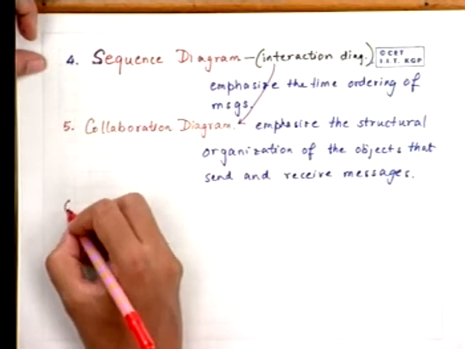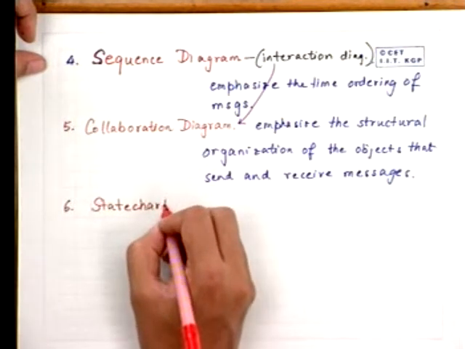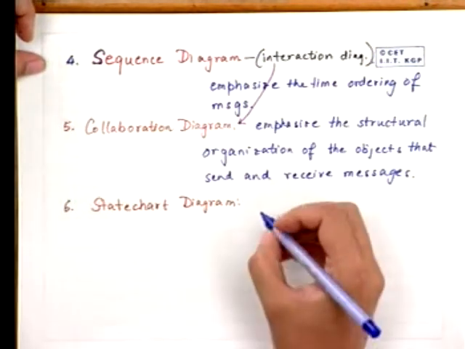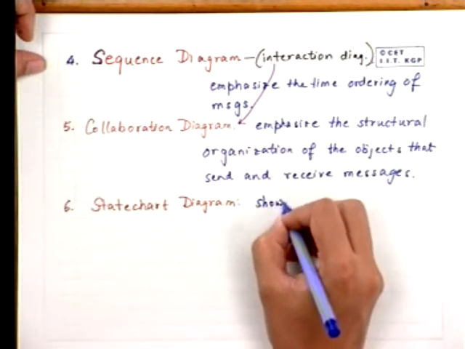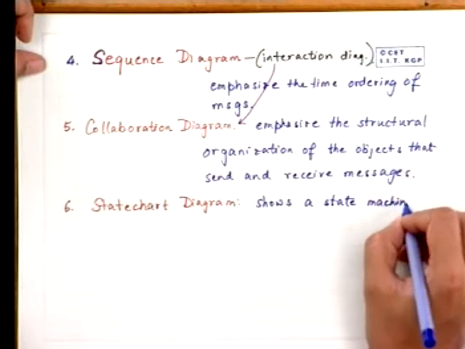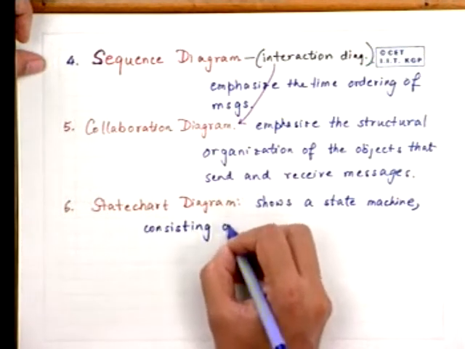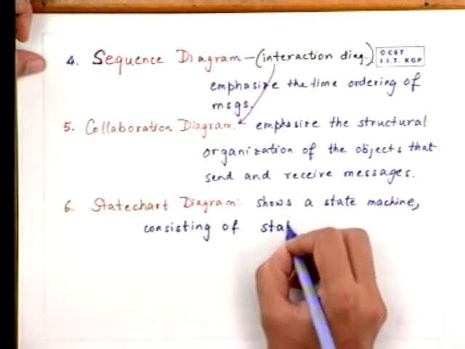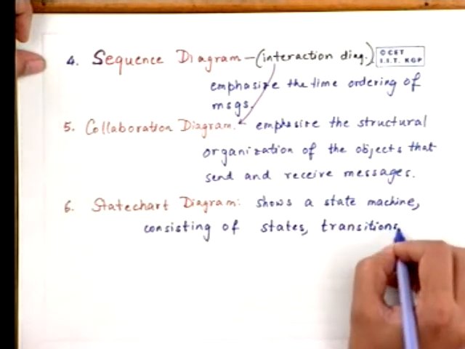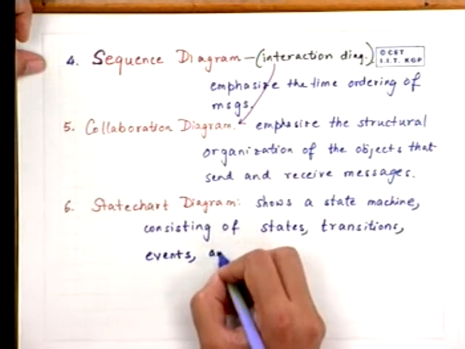The sixth type of diagram is state chart diagram. A state chart diagram shows a state machine consisting of states, transitions, events, and activities.